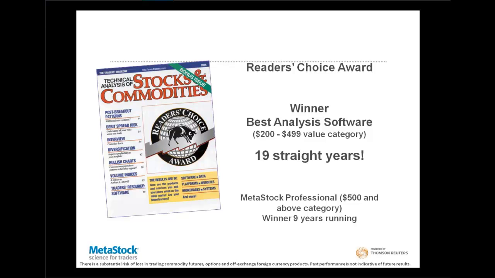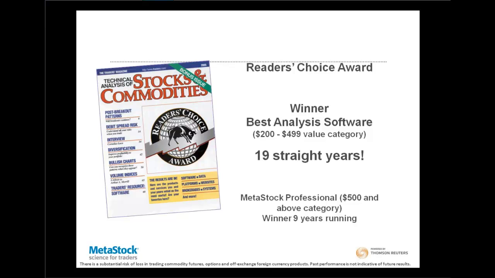One of the other things we're proud of is, as of last year, and we're still waiting on the announcement for this year, the software that I'm going to show you today has been rated #1 in its price category for 20 years in a row. MetaStock Professional, which is our real-time platform, has won Best Software 9 years in a row from Stocks and Commodities magazine. That's a Reader's Choice Award.